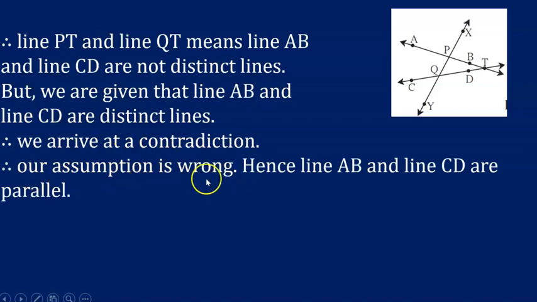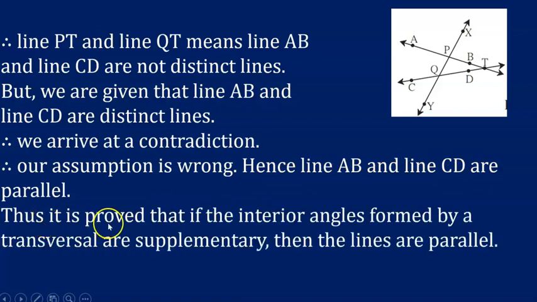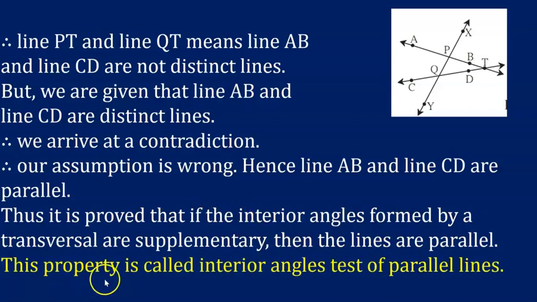Therefore, our assumption is wrong. Hence, line AB and line CD are parallel. Thus, it is proved that if the interior angles formed by a transversal are supplementary, then the lines are parallel. This property is called the interior angles test of parallel lines.